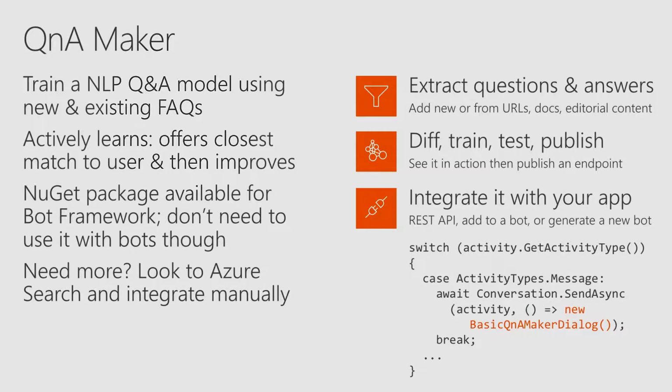Q&A Maker is incredibly easy to get started with. It allows you to upload existing FAQs that your organization may have in spreadsheets, in PDF documents, or in other formats. It can even scrape this information if you have an FAQ page on your website.